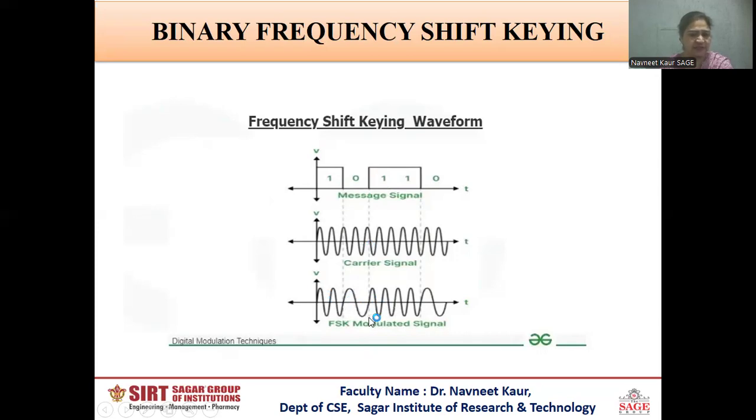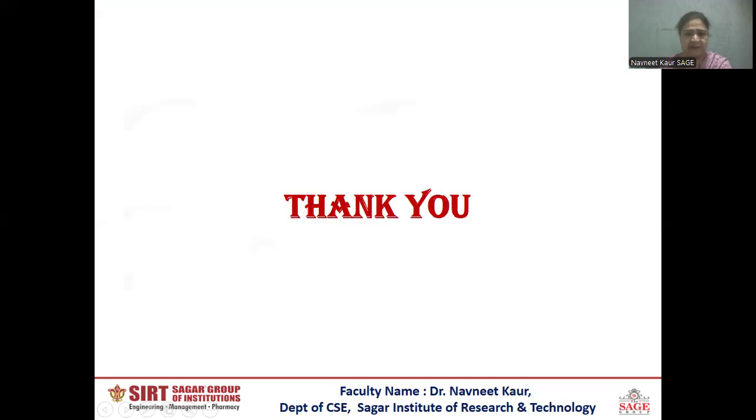So here the frequency is reduced. Now again when message is 1, the frequency of the carrier signal is increased. But when message is 0, the frequency is reduced. So this process is known as the BFSK system, and this waveform is known as the BFSK modulated signal.